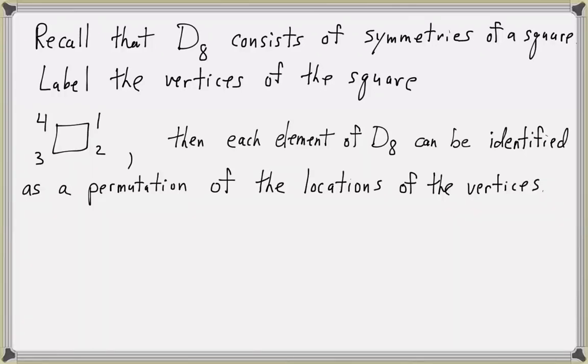So each symmetry of the square just permutes the numbers 1 through 4.